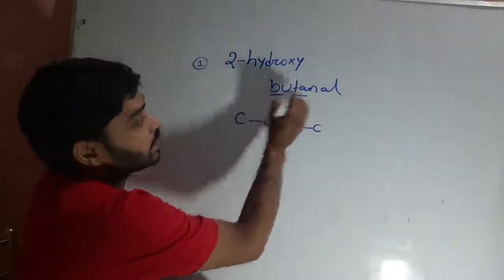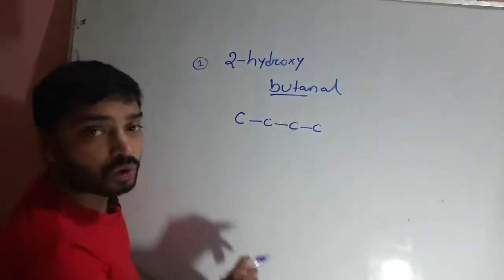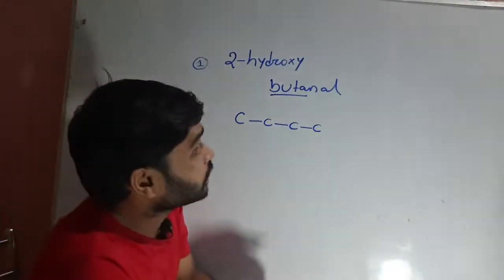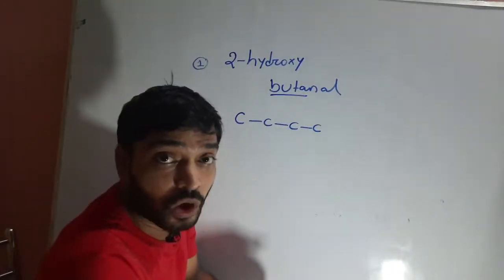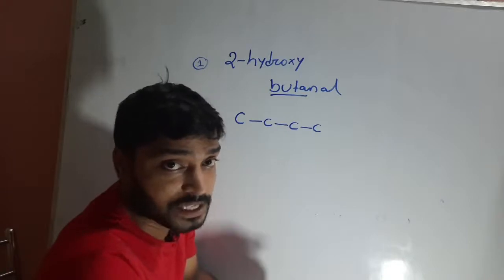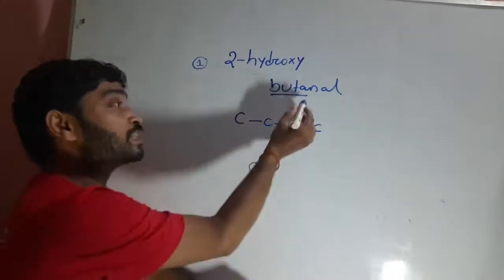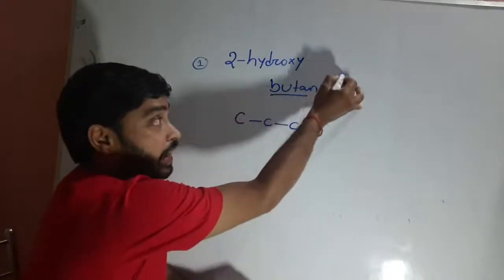In this case 4 carbons are represented, and now we should decide the suffix, and the suffix will represent the organic compound's functional group. Here the suffix with the longest continuous carbon chain is al.